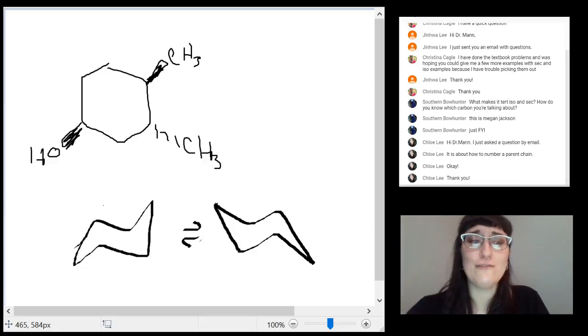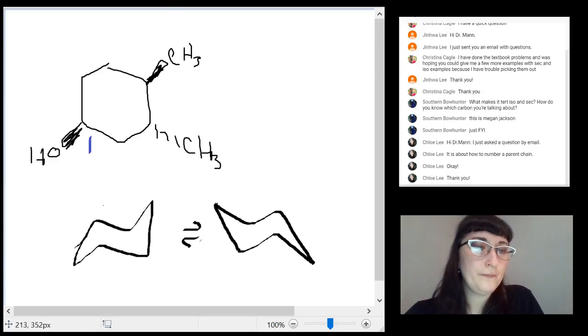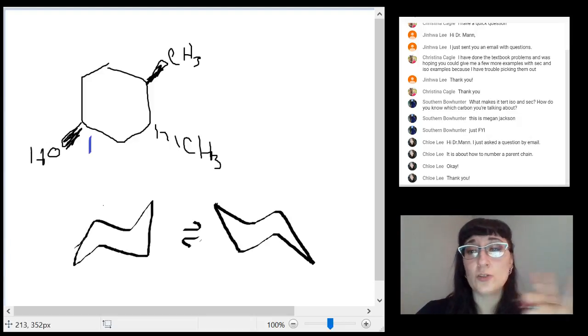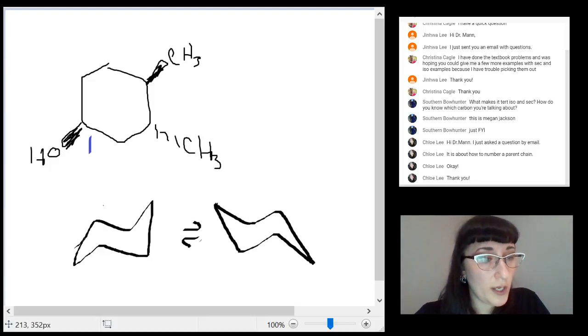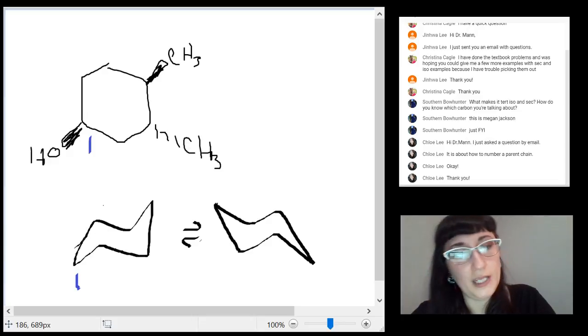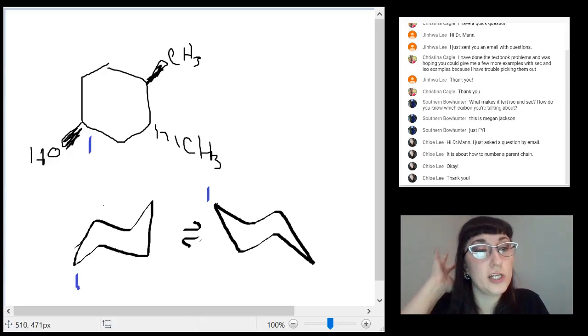We need to identify one of these carbons as carbon 1. Let me change the color so we can at least have a starting point. It doesn't matter because remember, these are rings, you can turn them. But I'm going to go ahead and identify the one pointing down and then up in that position as carbon 1 that has an OH on it.